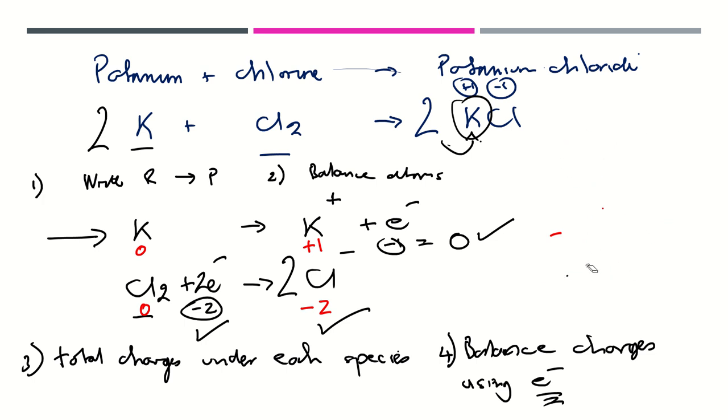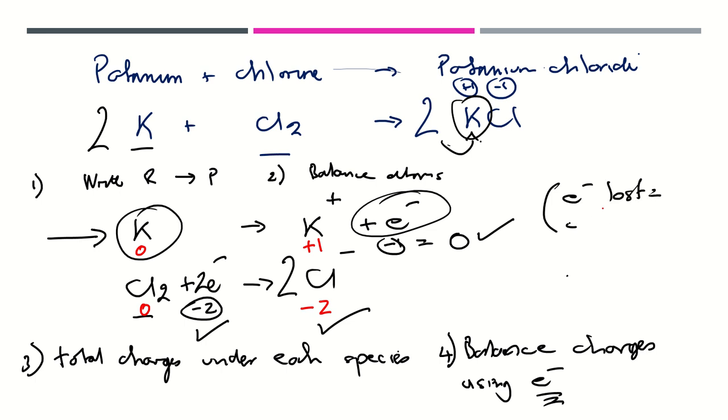and equally importantly, I've got the correct number of electrons. Okay, just very quickly, I know it's not really part of half equations, but it would crop up. This shows that the potassium from the left hand side is no longer attached to the electrons, so the electrons have been lost in this instance, and that is a reaction called oxidation, which you will also have to know, perhaps not in this topic, but certainly in another one.